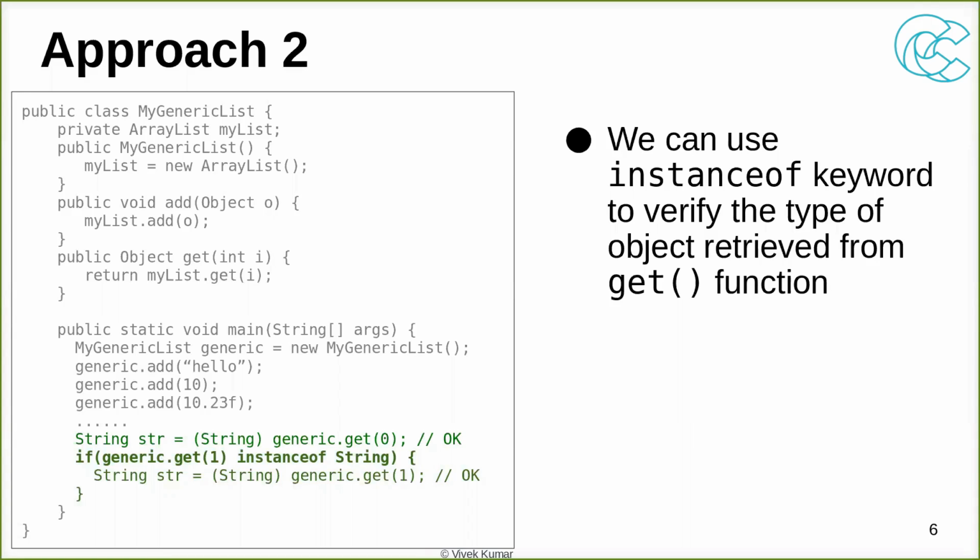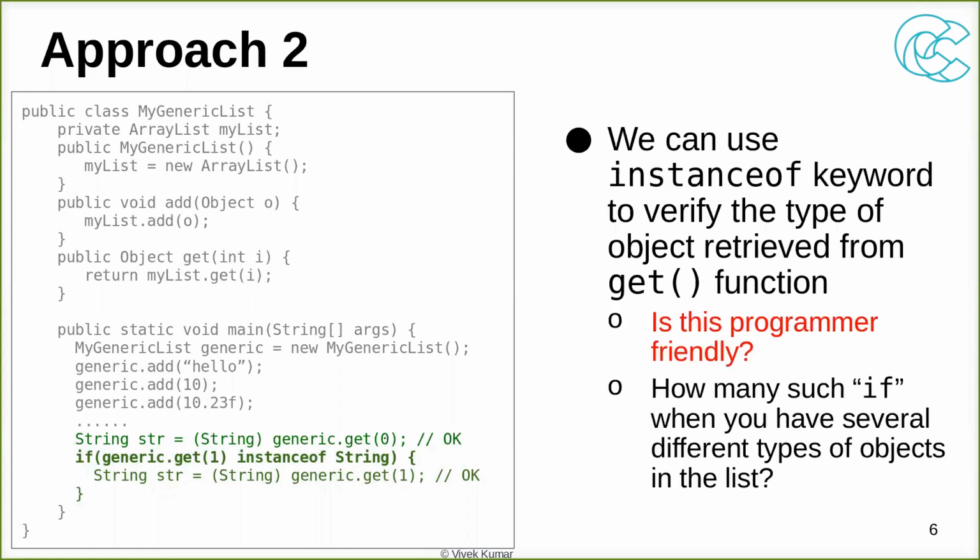But again, the issue with this is you need to keep writing lots of ifs. Let's say this list has 100 elements, which are of different types. You do not want to write 100 if statements, right? It's very cumbersome and it's not friendly at all. So that's an issue with this approach.